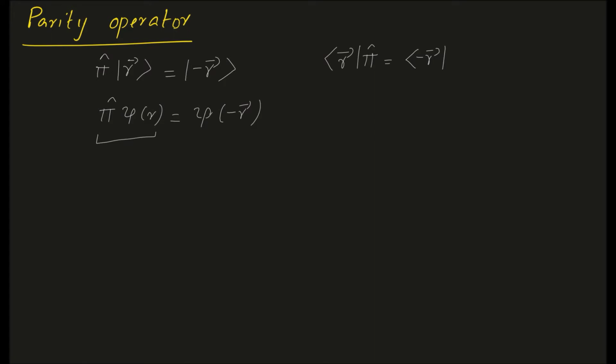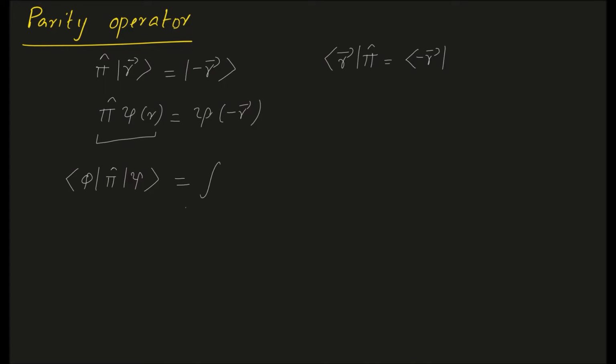It is a Hermitian operator, and to show that, let's consider two arbitrary states φ and ψ. Let me say ⟨φ|π|ψ⟩. Now this can be expanded by inserting an identity operator.